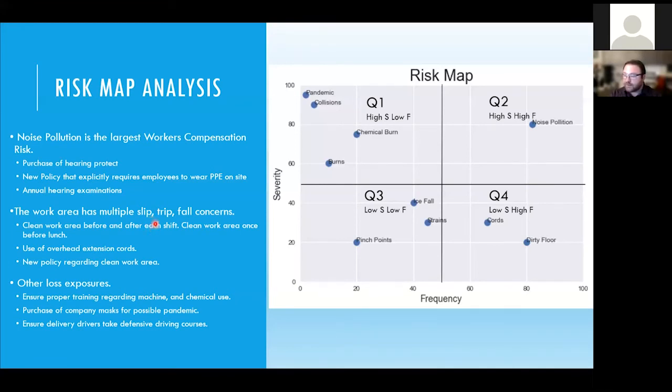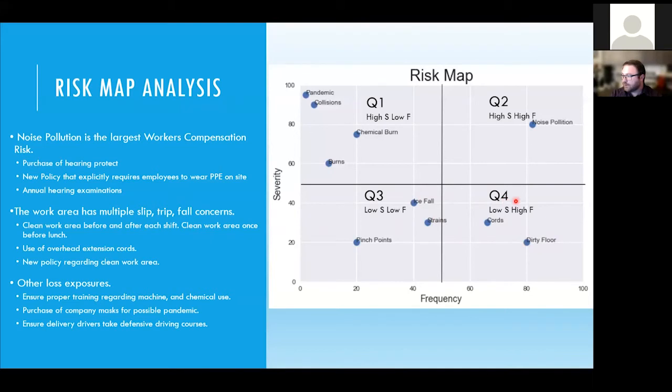They also identified the area has multiple slip, trip, and fall concerns. Again, we're seeing those here. So they decide to implement a clean work area before and after each shift. This is analysis; we're talking about the remedies here. These are all remedies. This is a new policy that they implemented because they've identified 3 areas of concern.